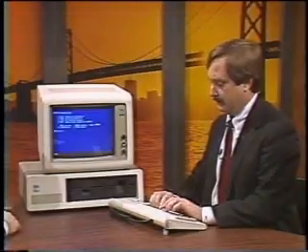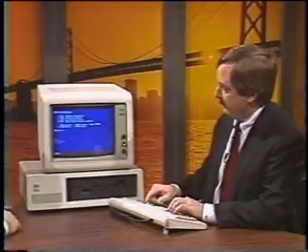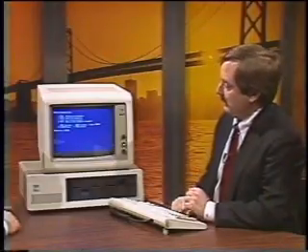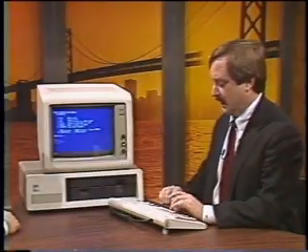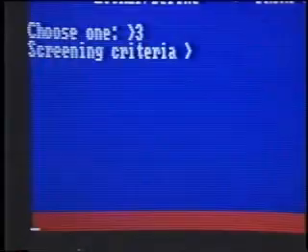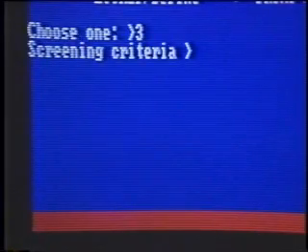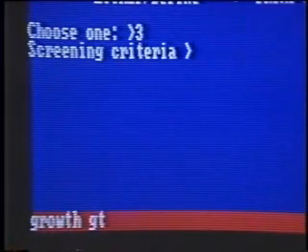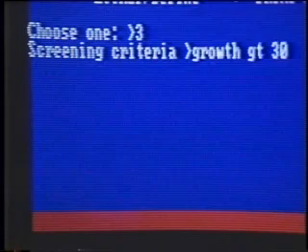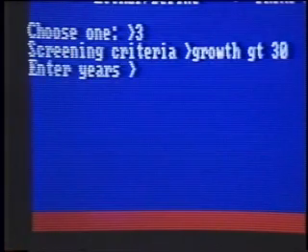So I'd like to screen on a company a little bit farther, and so rather than just taking those 62 that are right there, I'd like to use some data that's in the database to help me with that. And so EasyScan is asking me which screening criteria do I want. I'm into growth, and I'd like growth greater than, let's say, 30% sales growth.